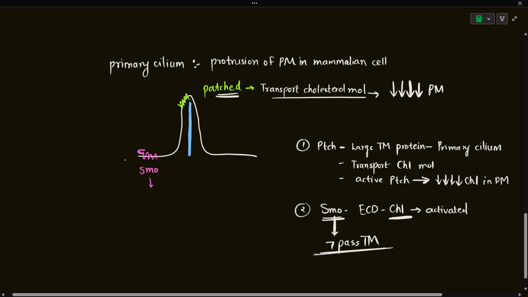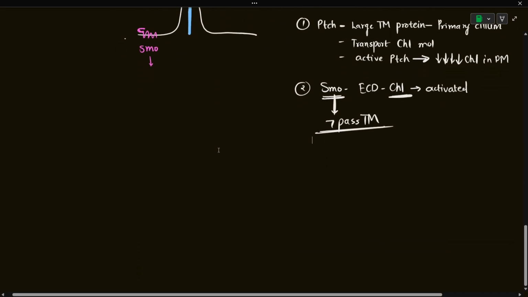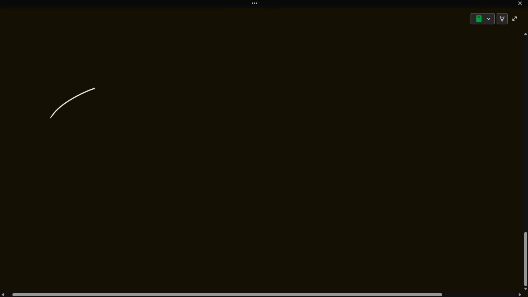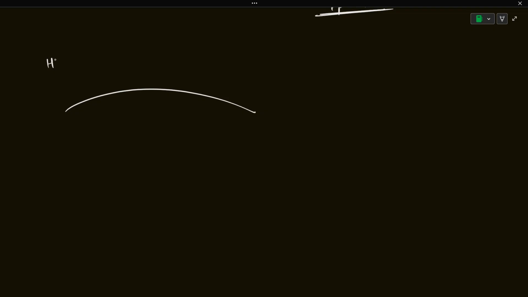So let's see the scenario when hedgehog is absent. This is the mammalian cell plasma membrane, the cell membrane of the mammalian cell. So hedgehog is not there. Let's assume that hedgehog is absent, and let's see what happens inside the cell. Well, I forgot to draw the primary cilium.